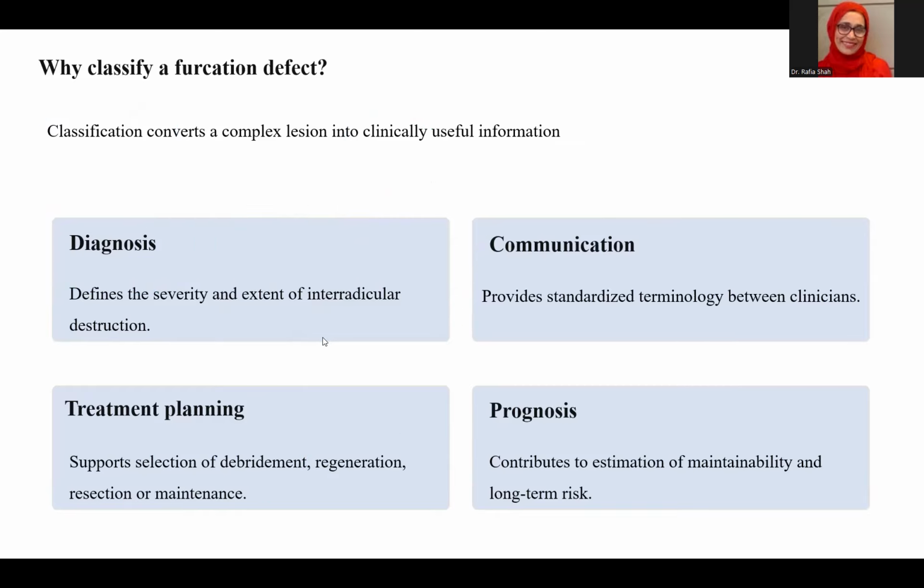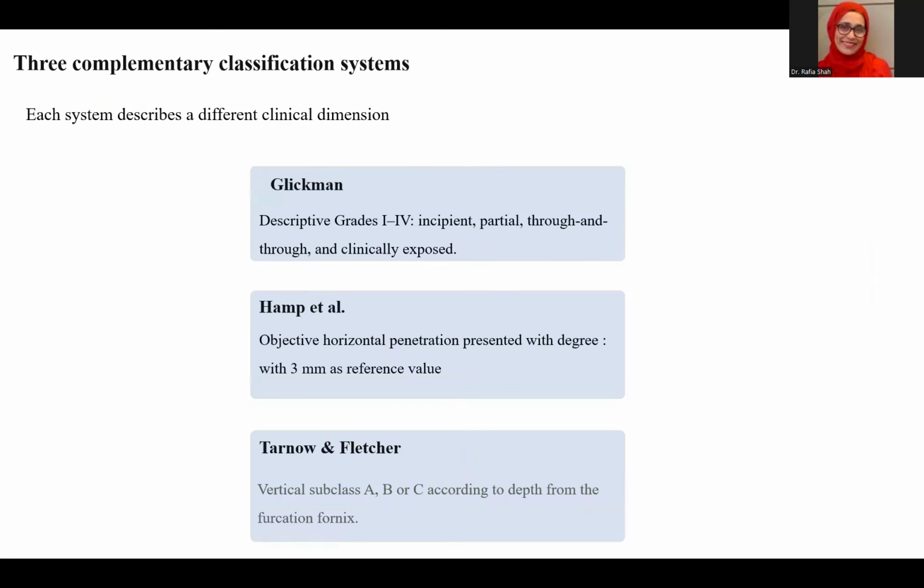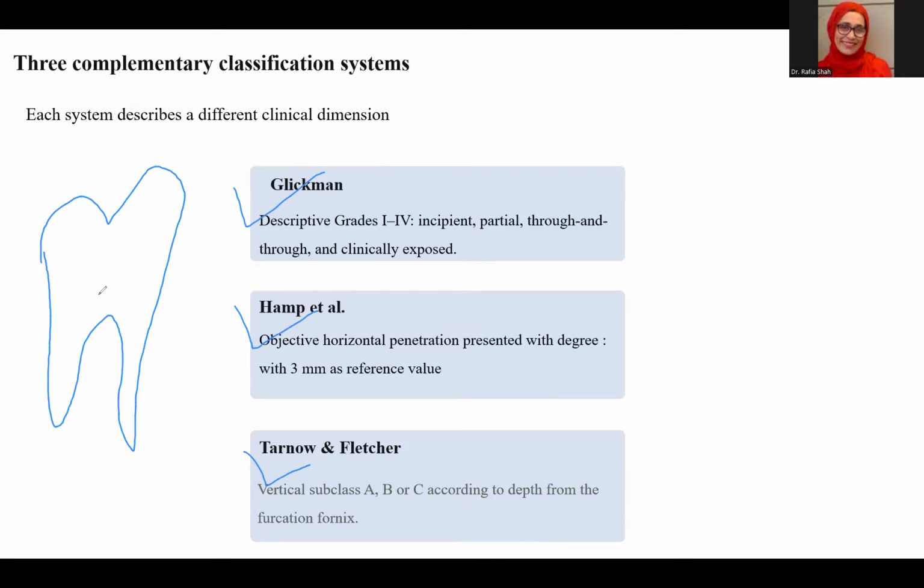Okay, so we said that there are different means to diagnose this case via different classification systems. There are several classifications that are given, but mainly we follow Glickman's classification, Hamp and Lindhe's classification, and Tarnow and Fletcher's classification. All the classifications are describing furcation invasion, but they consider different ways to diagnose the case.